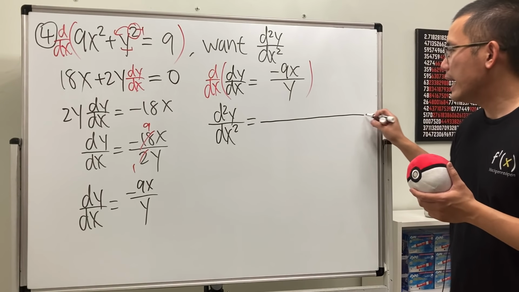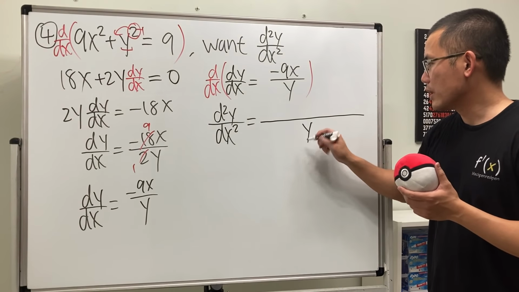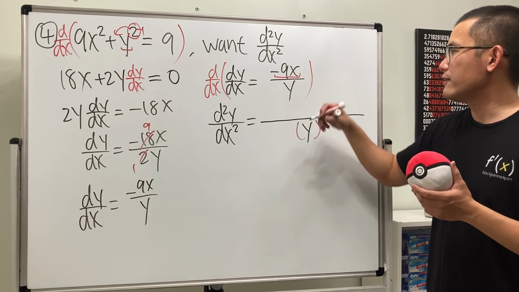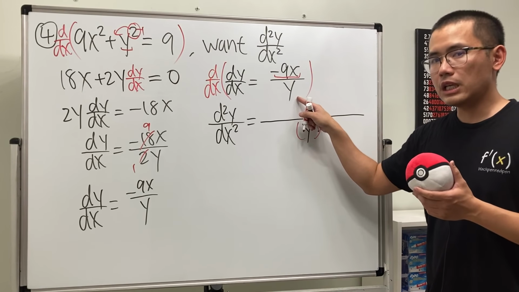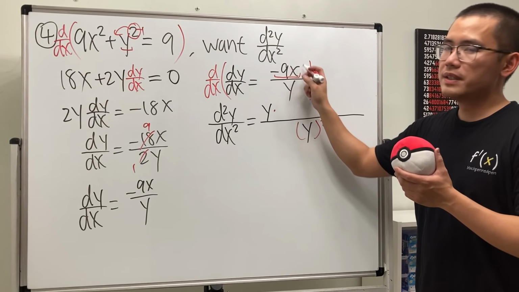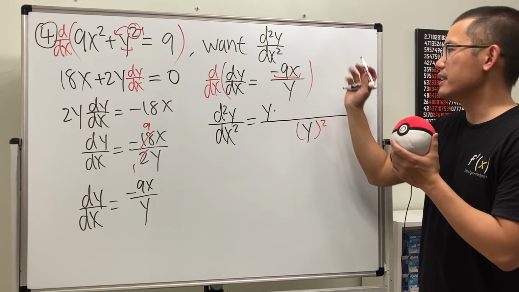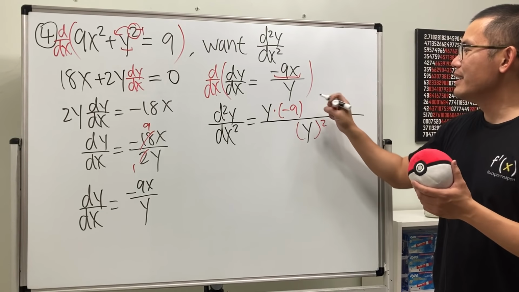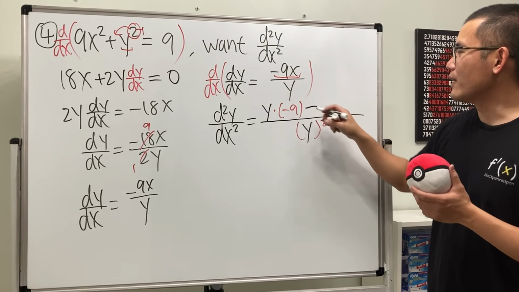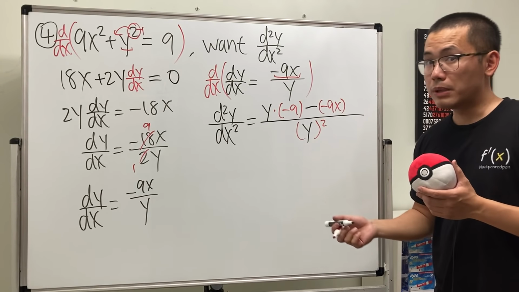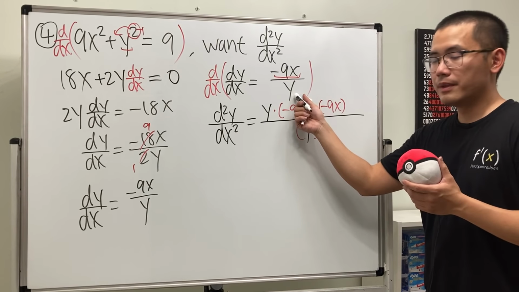So let's go ahead and square the bottom, so we have y squared. Then, for the top function, we are going to keep the bottom, which is y, multiplied by the derivative of the top. The derivative of negative 9x is negative 9. And then we are going to subtract the top function, which is negative 9x, multiplied by the derivative of the bottom.